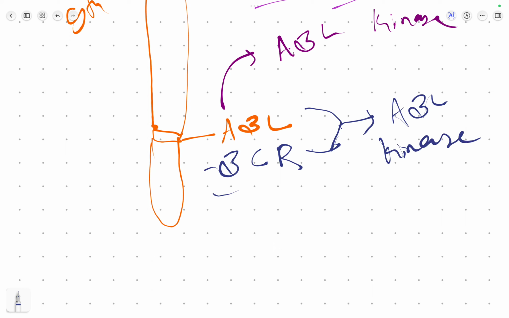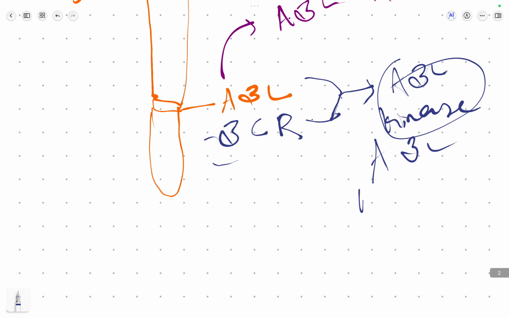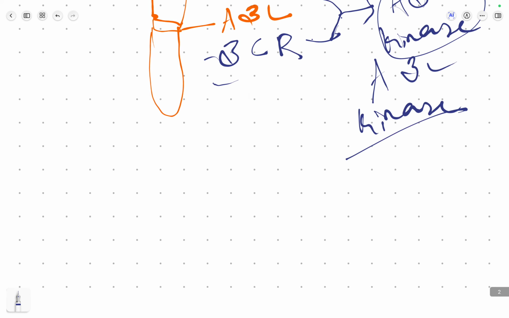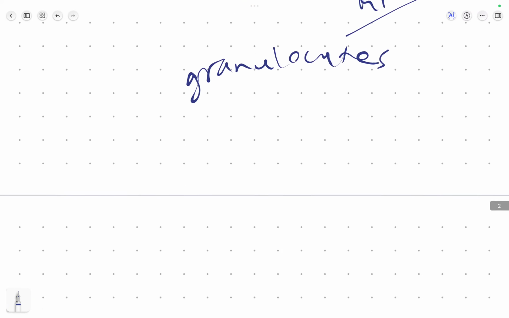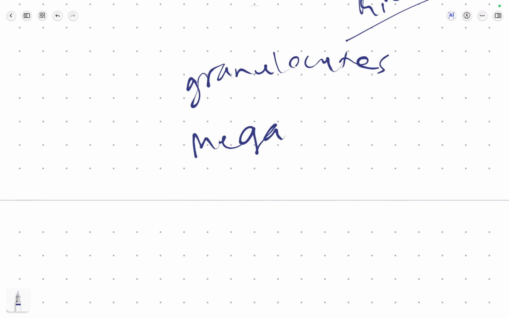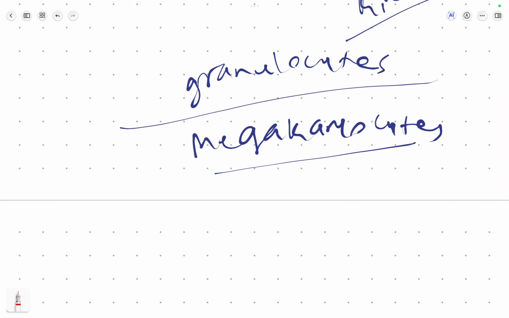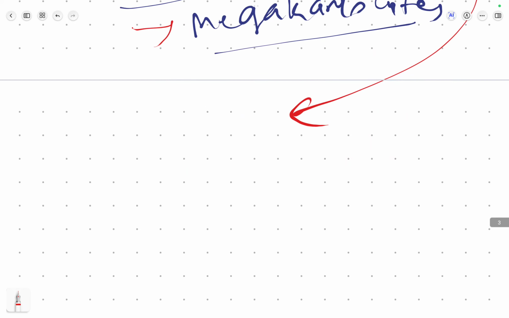After making a lot of ABL kinase, the hematopoietic system just gets overwhelmed, and it starts to make too much granulocyte, and the progenitor of platelets as well, that is megakaryocytes.